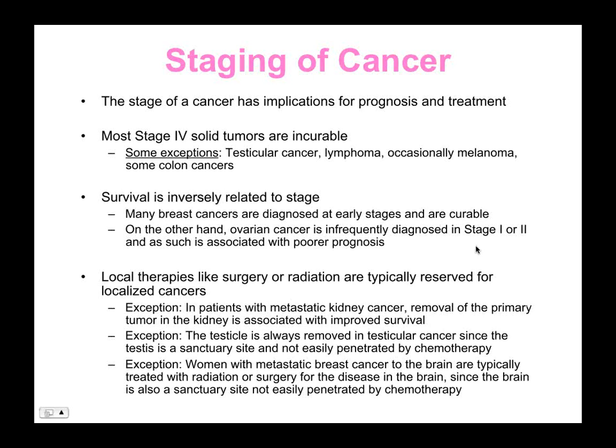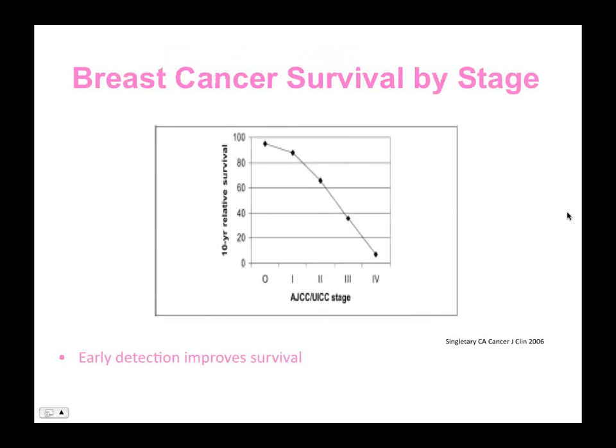I'm going to just skip this lower part here because I'm going to come to it a little bit later. And this is, again, an example of breast cancer showing the inverse relationship between 10-year survival and the stage of the breast cancer.